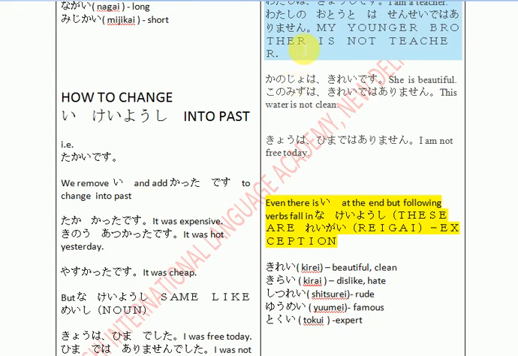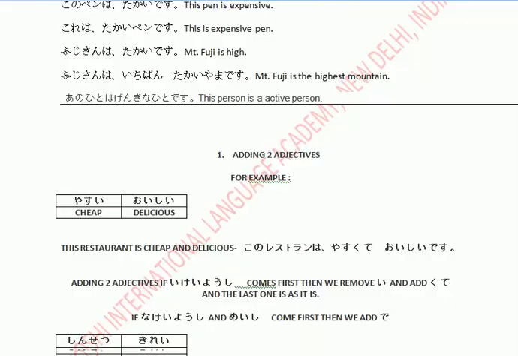So, 私の弟は先生ではありません。My younger brother is not a teacher. So, noun here. 彼女はきれいです。So, she is beautiful. きれい is beautiful. この水はきれいではありません。きれい is also clean. So, here this water is not clean. We can't say 彼女はきれいではありません, like it's rude. She is not beautiful like that.